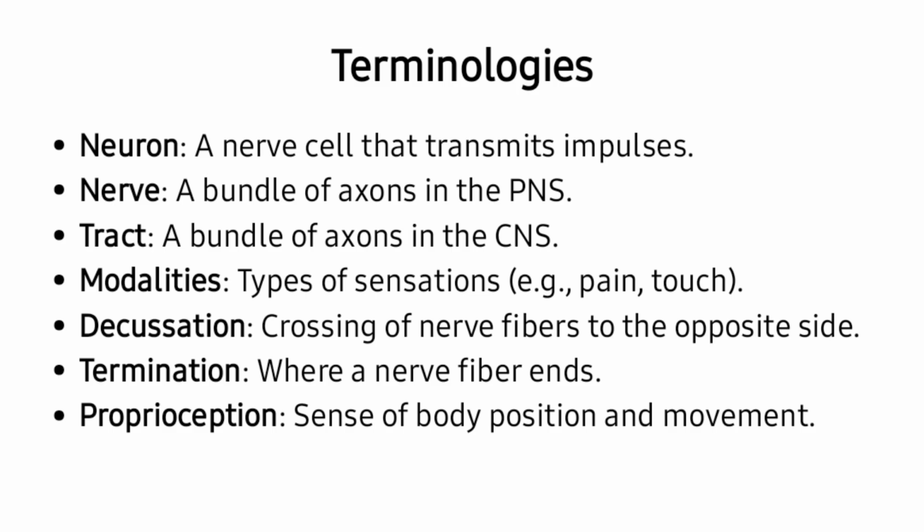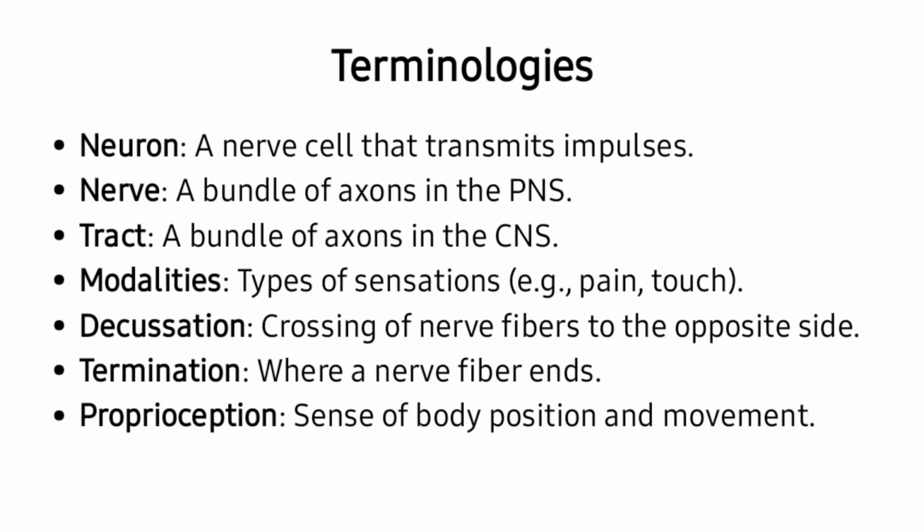A nerve is basically a bundle of axons in the peripheral nervous system. Remember, on the structure of a neuron, you find dendrites, the cell body and the axon. And in the axon, we know that's where action potentials are initiated.